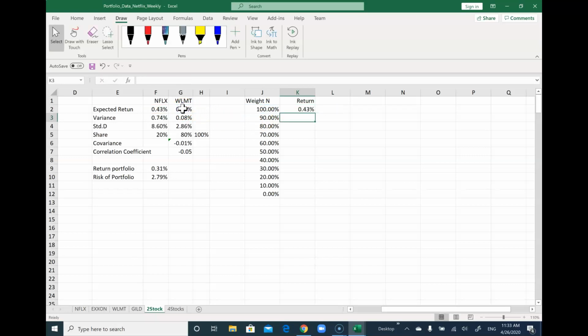And when you press enter, you can see that in this case, because you put all of your money in Netflix stock, the return of your portfolio is equal to the return of the Netflix stock, right?